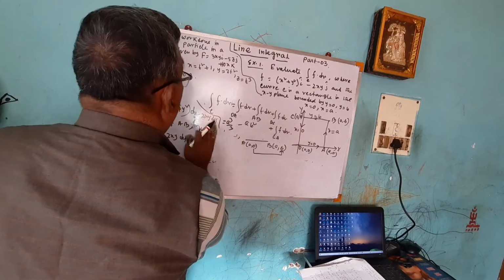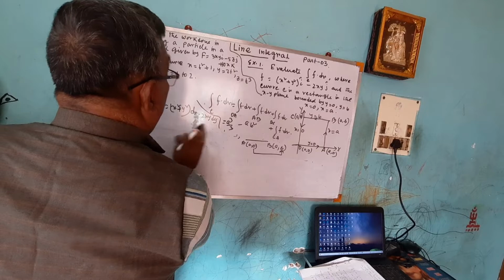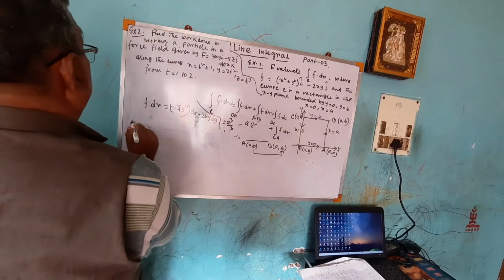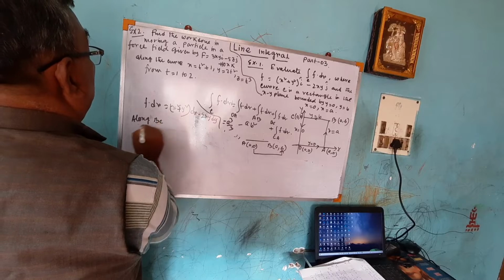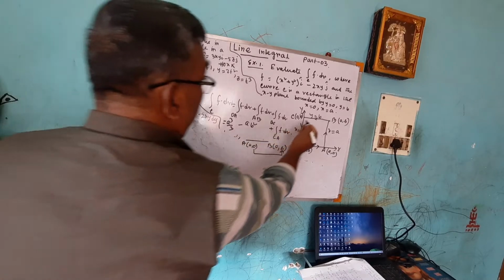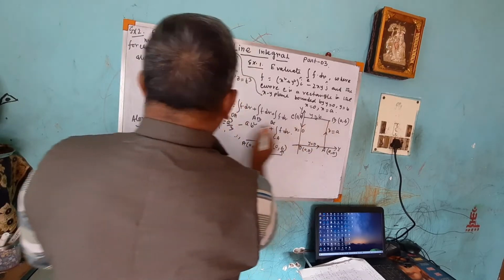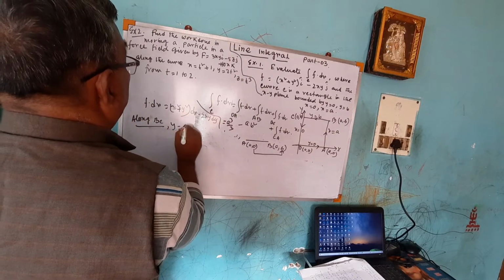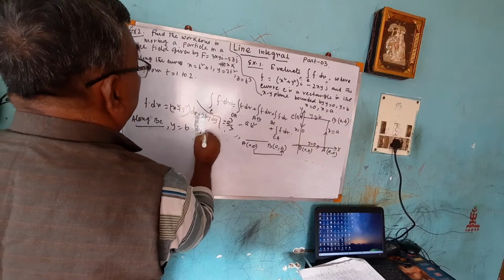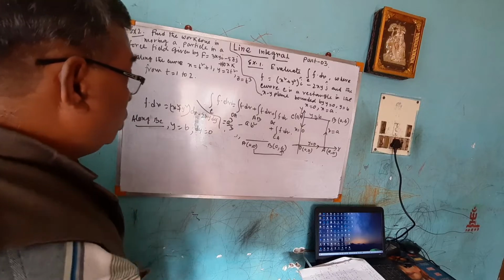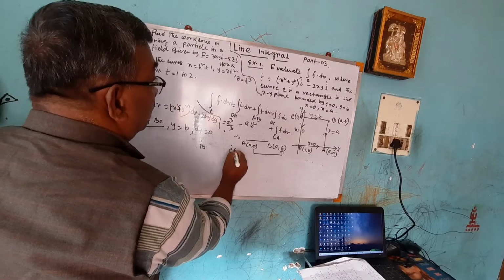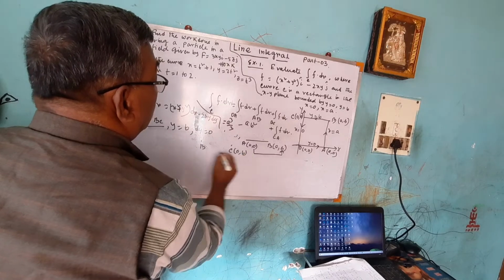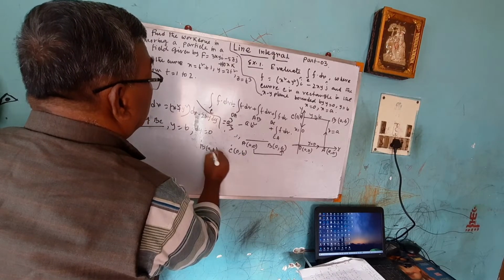Now along BC. Along AB, then along BC. Along BC means, you see, y equal to b, so dy equal to 0. This is b, this is c. C means 0 comma b, B means a comma b.